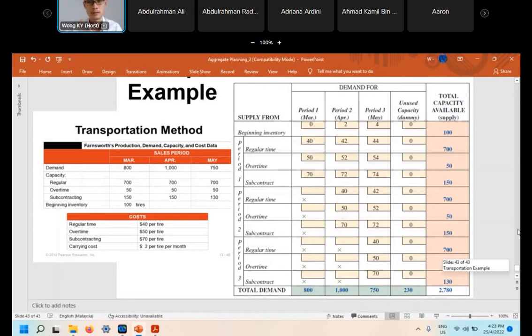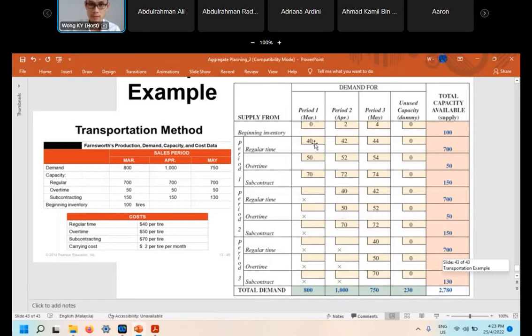And then for regular time in period 1, period 2, period 3, you just fill up the values. Regular time, the cost involved is $40 per tire. So for the first month, cost is $40 per tire. For the second month, it will be 42, because 40 plus another $2.